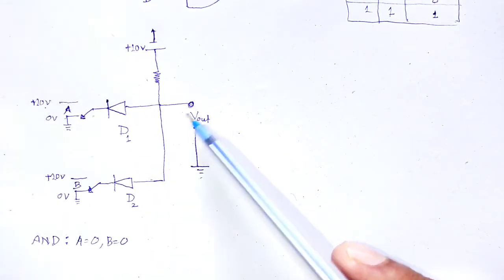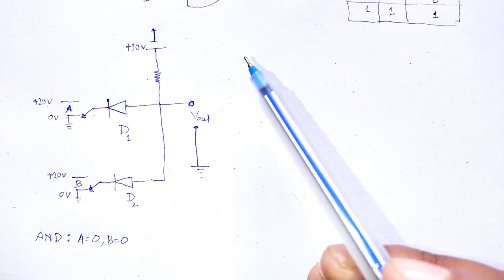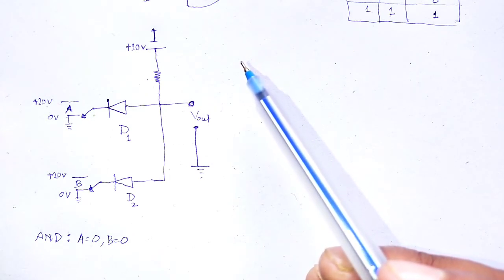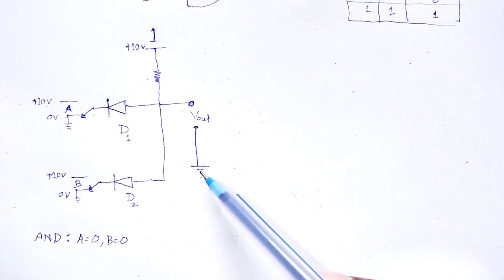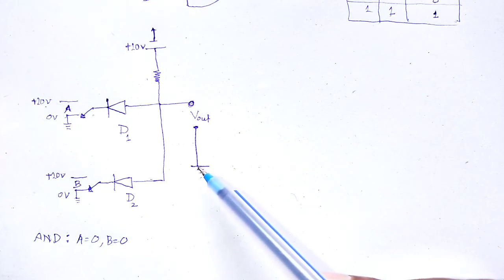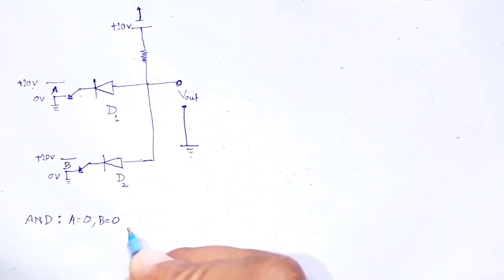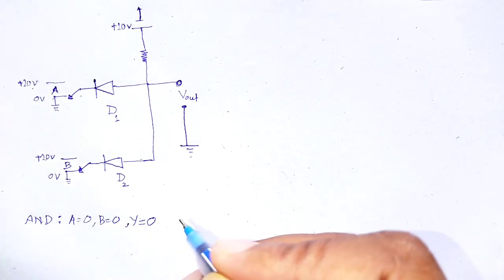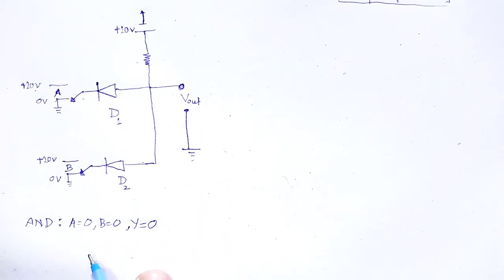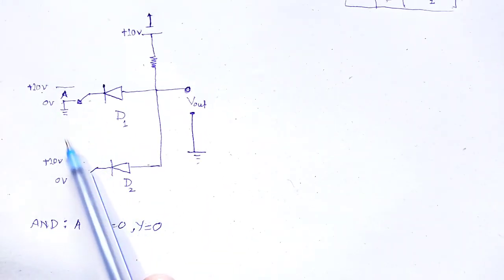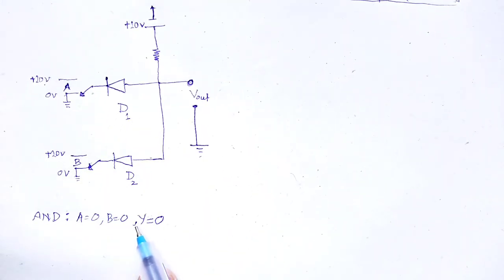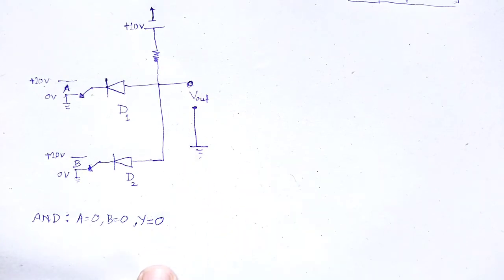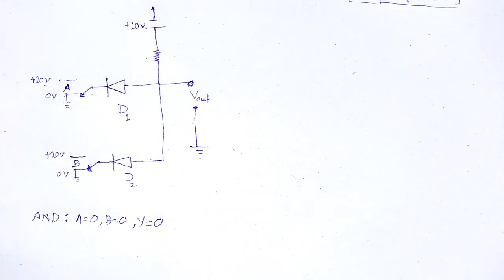Here V output was 0 volt. So, the output voltage with respect to ground becomes ideally 0. Therefore, here Y is equal to 0. In the first situation, when both the inputs are 0, then the output is 0 for that of AND gate.